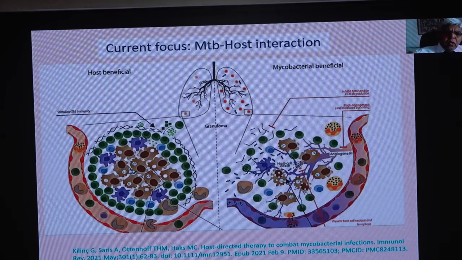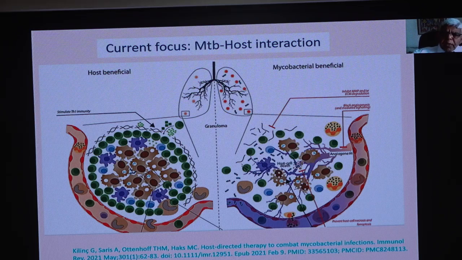I'm sure you are familiar with this TB granuloma, you've read in your MBBS, and it contains epithelioid cells with a central caseation necrosis, and these epithelioid cells and multinucleated giant cells are surrounded by a ring of TB-specific CD4 T cells, or T lymphocytes.